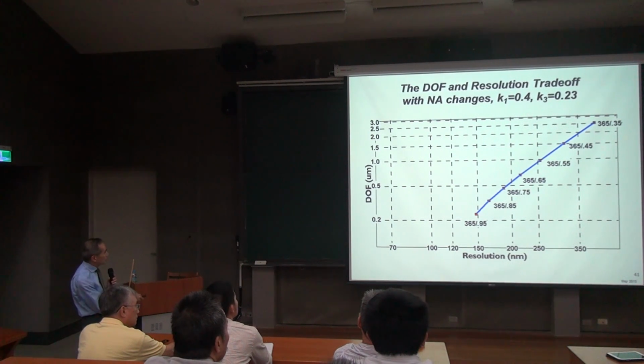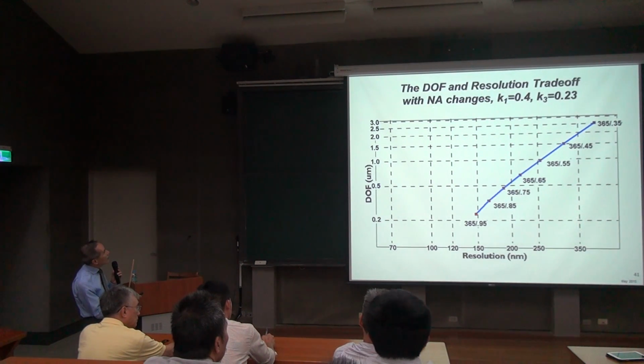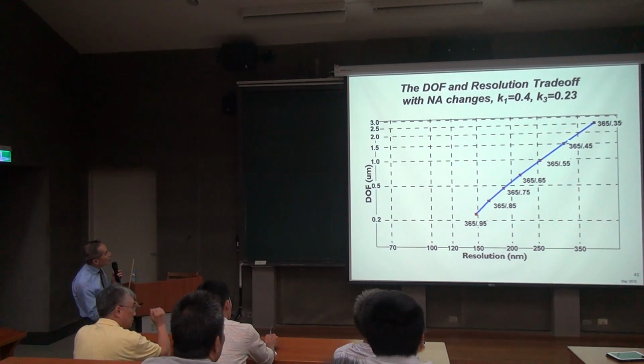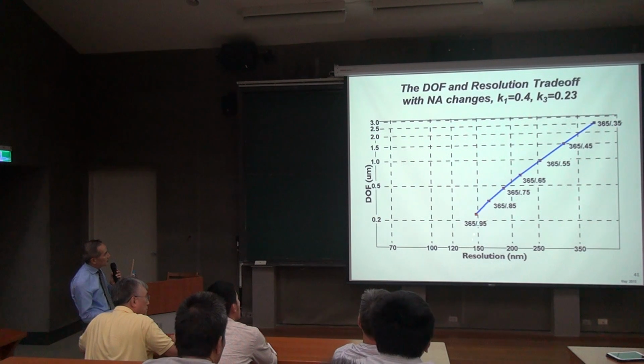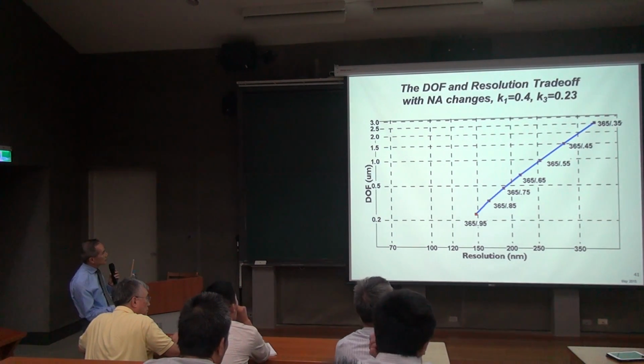Now we plot this line. This is a constant wavelength line. You keep the wavelength and then you change the NA, and that is what you get. When you have higher NA, you get better resolution, but then you lose depth of focus, and vice versa.